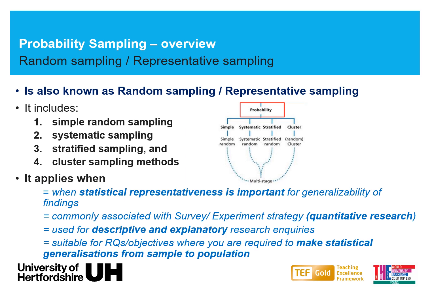They are commonly associated with quantitative research like surveys, experiments, or questionnaires you may adopt. They are usually used for descriptive or explanatory research, in reference to the research purposes we discussed before. And normally they are suitable for research questions or objectives where you are required to make statistical generalizations from the samples to your population. So statistical, quantitative and statistically representative are the keywords for probability sampling.